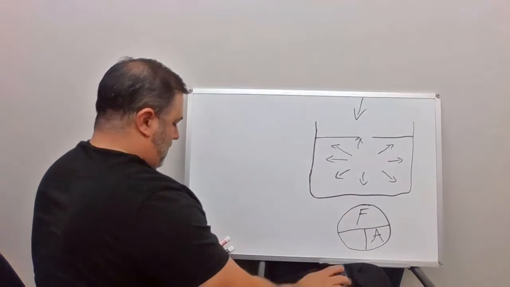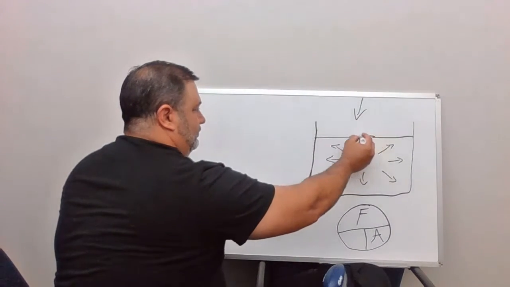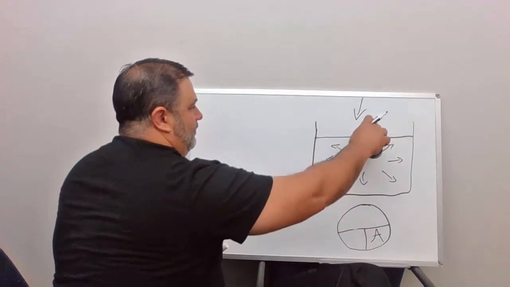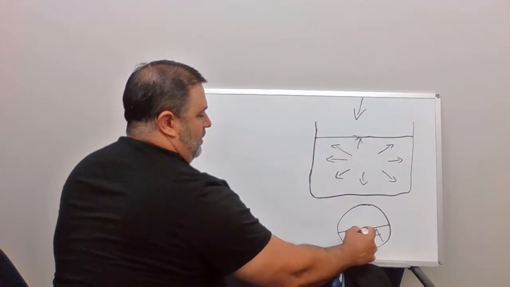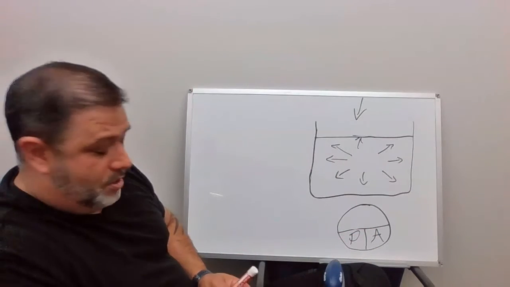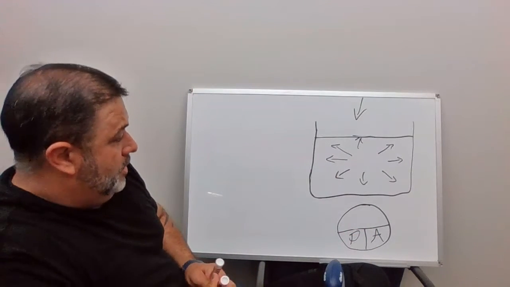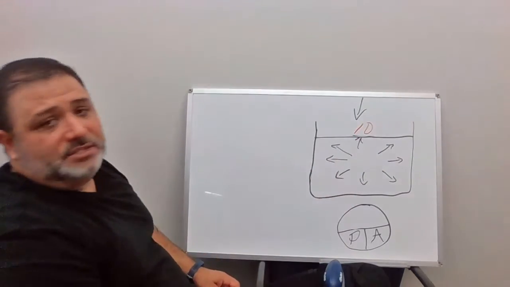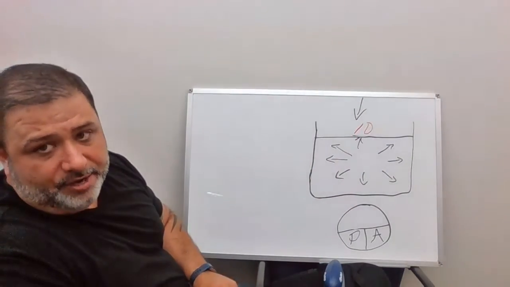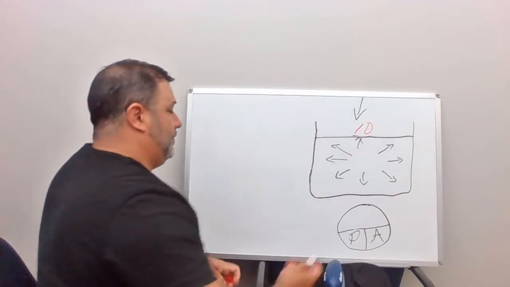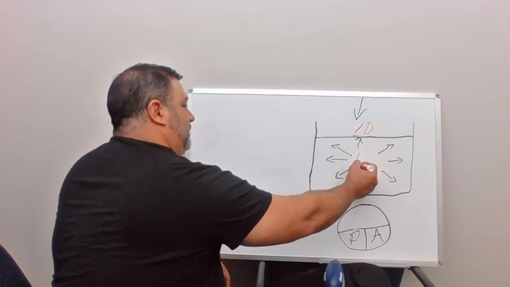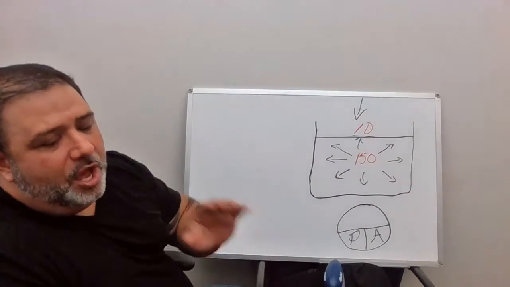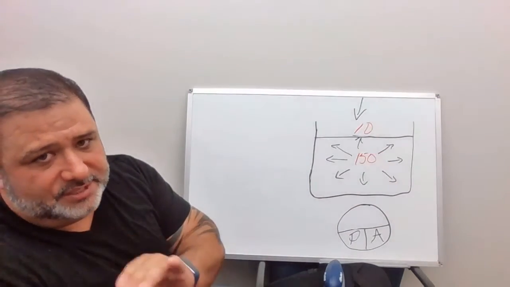But what happens if now we don't know our force, which we'll say we have 10 inches of area, and we have 150 pounds of force, or not force, excuse me, 150 pounds of pressure in the system.